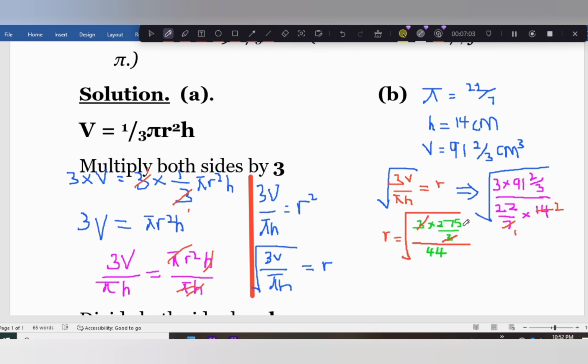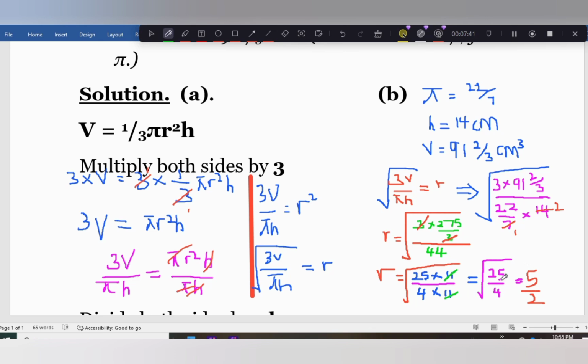So what is left now is 275 all over 44, and then we can split it so that we can find the radius, r. The 275 is split into 25 times 11, and the 44 is split into 4 times 11. This 11 cancels this 11, and so what we have is 25 divided by 4.